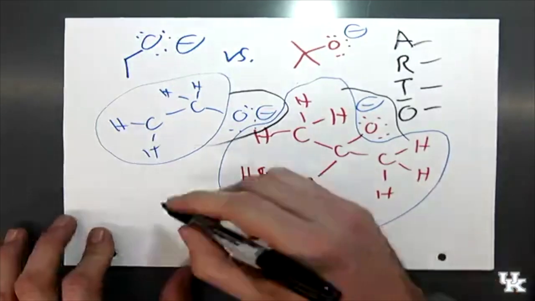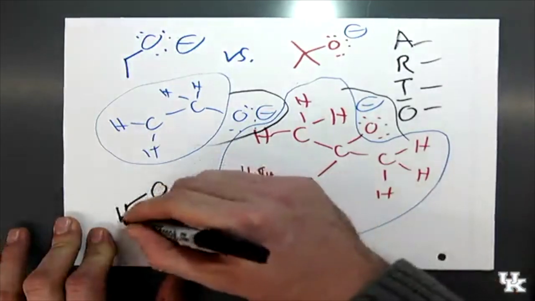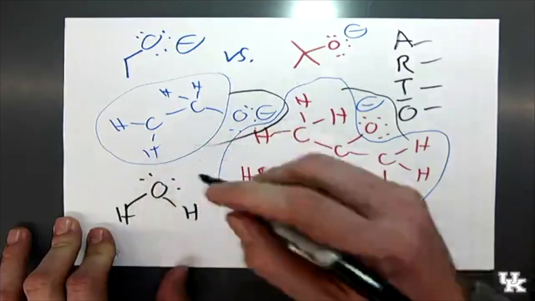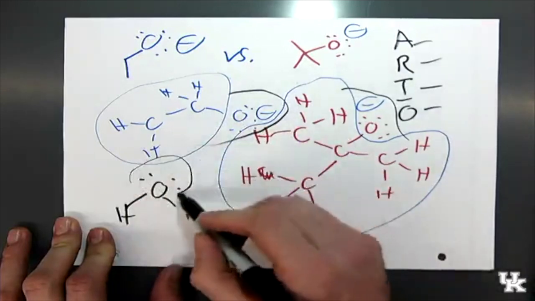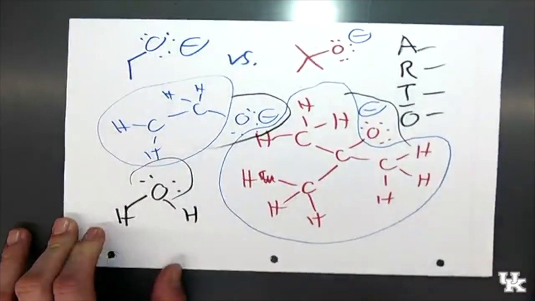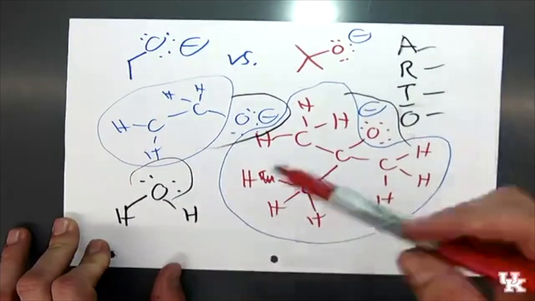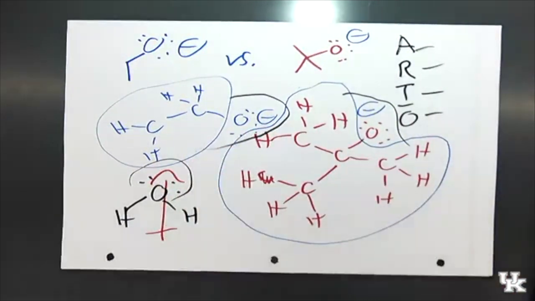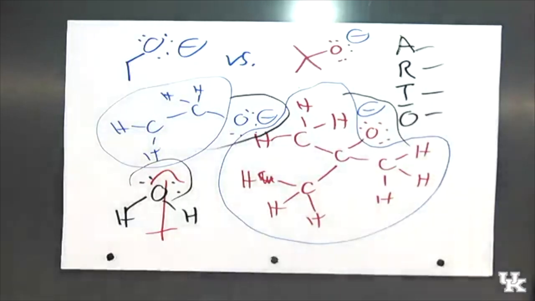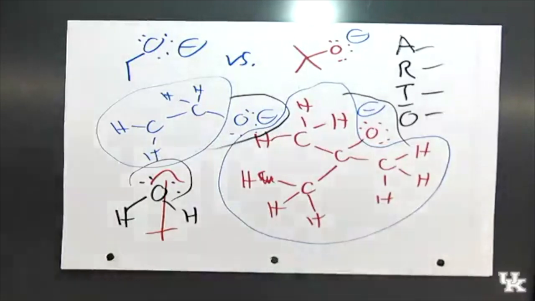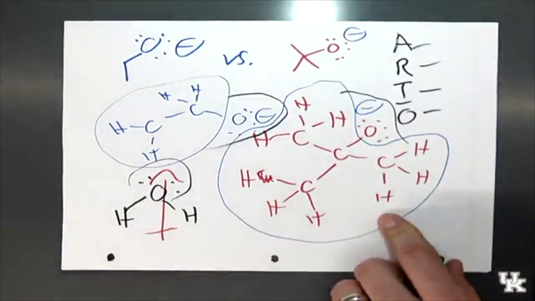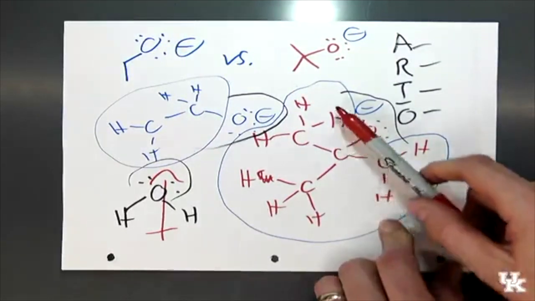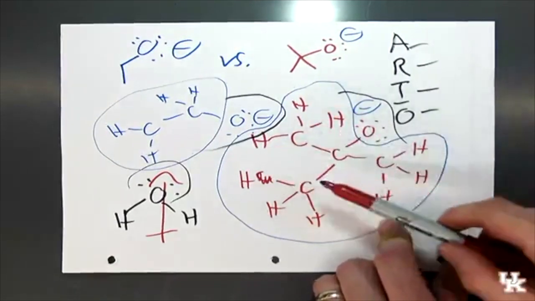When water is out and about with its friends, it has two lone pairs here, and we remember from our VSEPR rules that it has a very strong dipole going up towards those guys, right? So whenever it meets another molecule, it wants to align its dipole with theirs. But it's a lot harder to do that if one molecule has a much larger nonpolar region than the other.